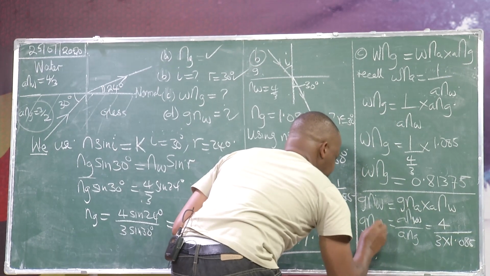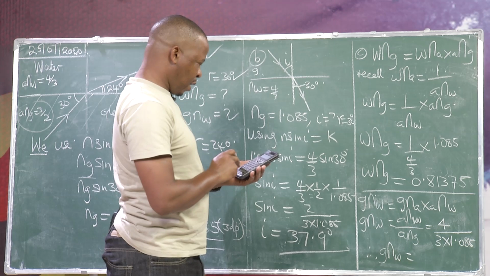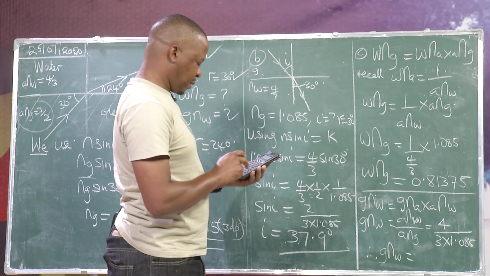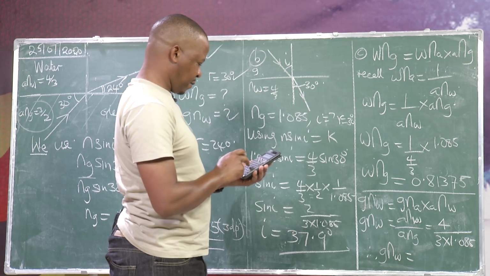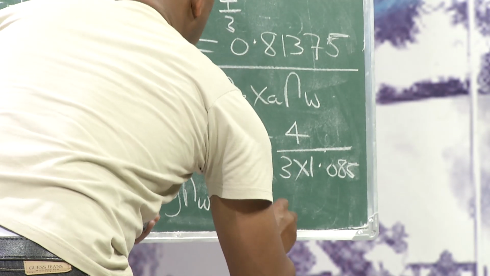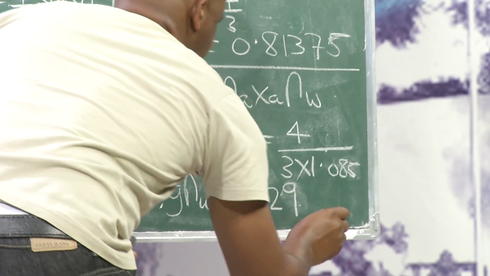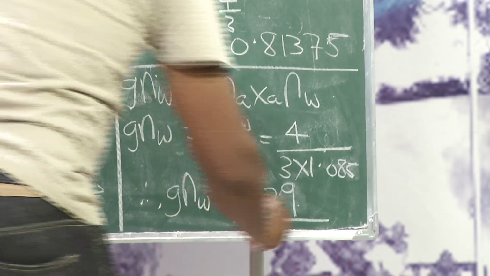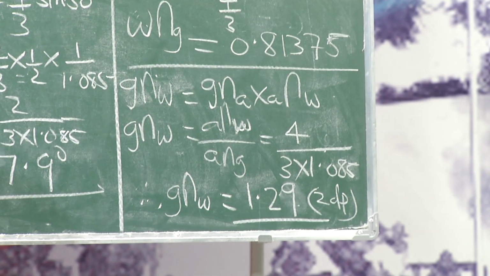When we compute, this is 4 divided by 3 times 1.085. The students should be able to use their brackets very well on the calculator, and we can write this as 1.29. Let me write it to 2 dps. We can write it as 1.29 as our answer.